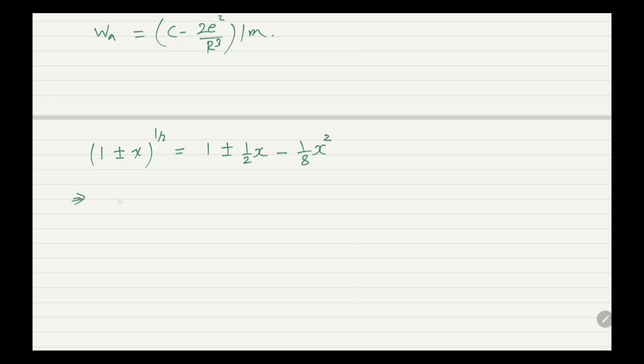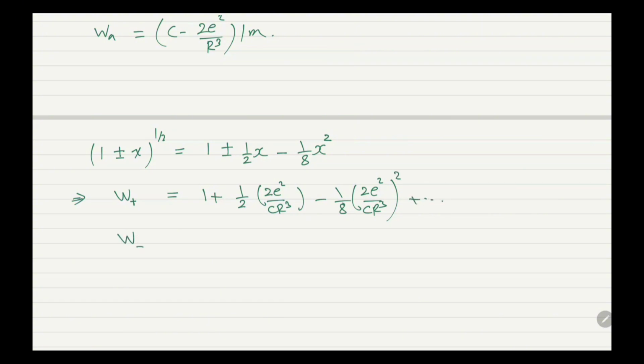In this case, omega plus, or in this case symmetric, equals 1 plus half 2e square over cr cube, minus 1 over 8 times 2e square over cr cube squared, and so on.